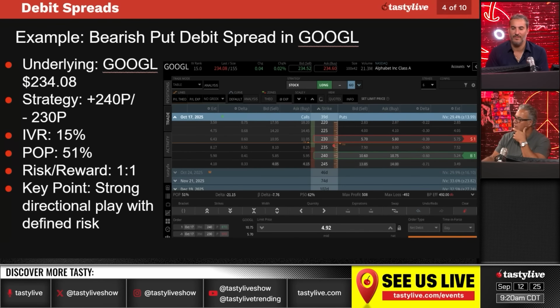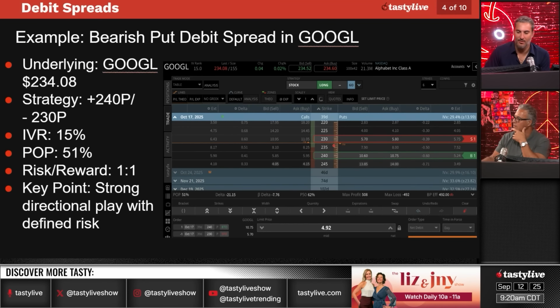It's a 50-50 shot. The way you'd set this up now, you could do the 235, 240. You're buying the 240, selling the 235, a 50-50 shot. The 240 is a little bit less than a 50-50 shot, but the stock has rallied here. The point is that you're doing this right at the money. Yeah, you always adjust one strike.